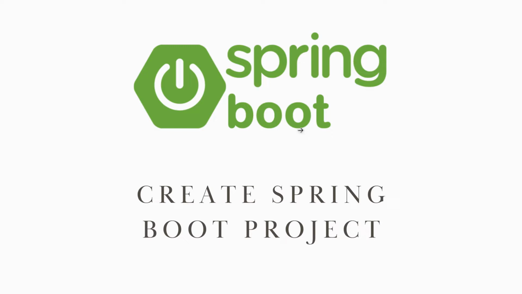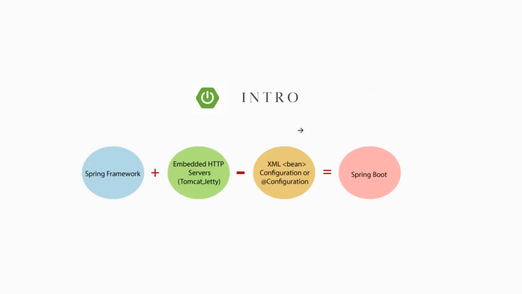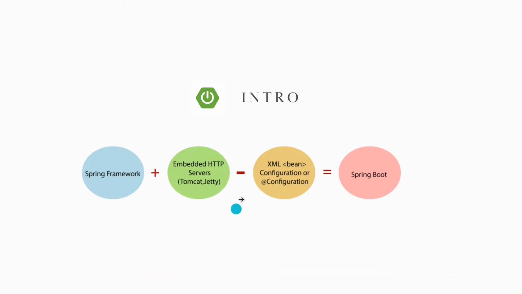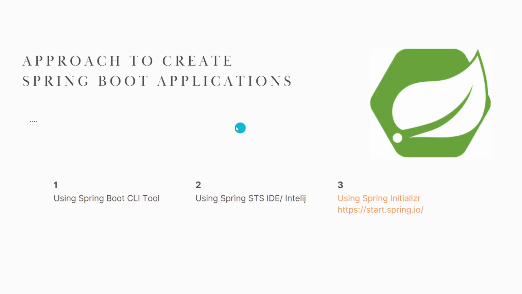Now we will create a simple Spring Boot project. Firstly, I want to give some introduction on why we use Spring Boot. Spring Boot includes Spring Framework with an embedded server like Tomcat, and there is no XML configuration or annotation configuration. So it means that Spring Boot makes it easy to create a Spring project and simplifies Spring application development.